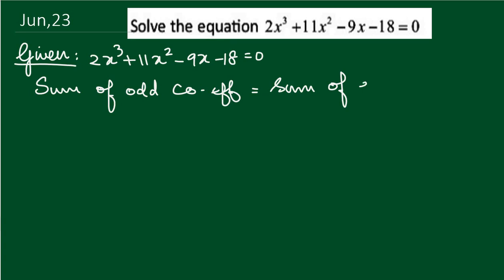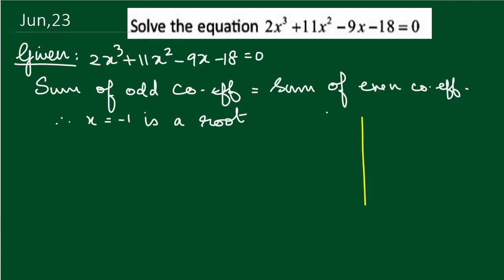The sum of odd coefficients is equal to the sum of even coefficients. Therefore, we can say that x is equal to minus 1 is a root of the given equation. Therefore, we divide the given equation by x plus 1. We do it by the synthetic division method. Minus 1, write the coefficients.